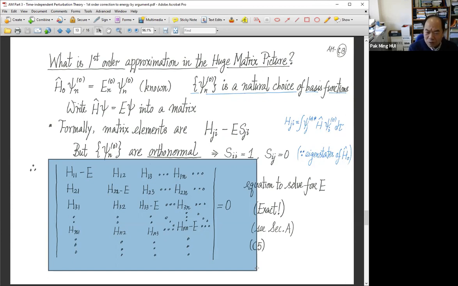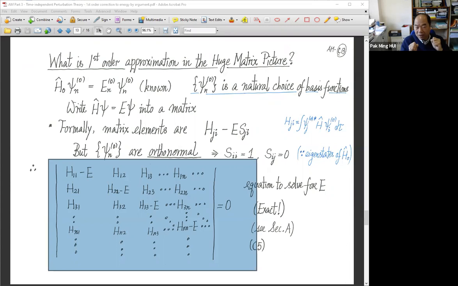Now, we just guess at the first order correction. Can we see what we have done within this context of writing it in a big matrix? Okay? So, do you understand my question at this point? Because the answer is very simple.